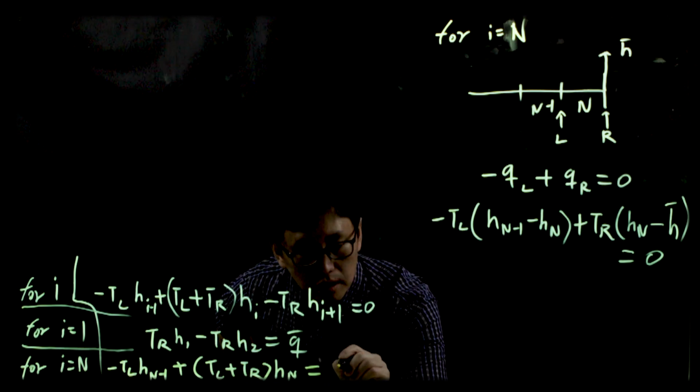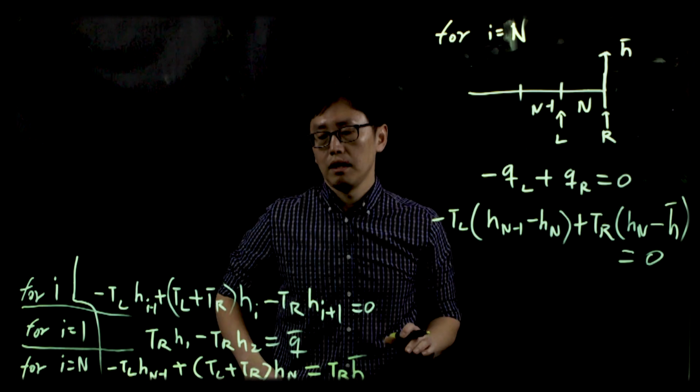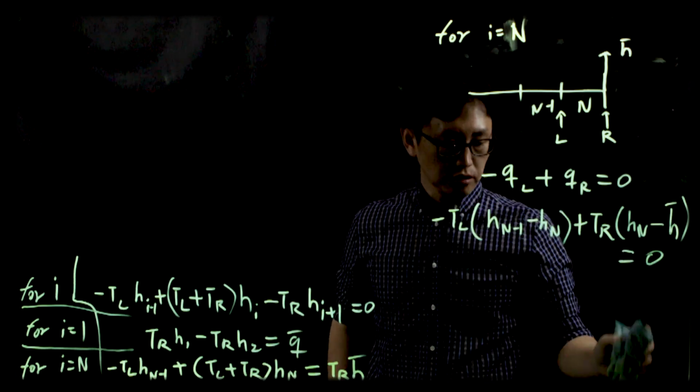Then we have TR h bar, and this is the result of this discretization of the system.